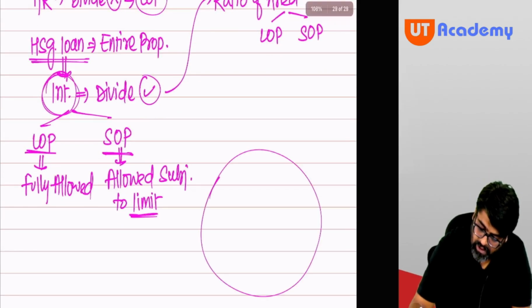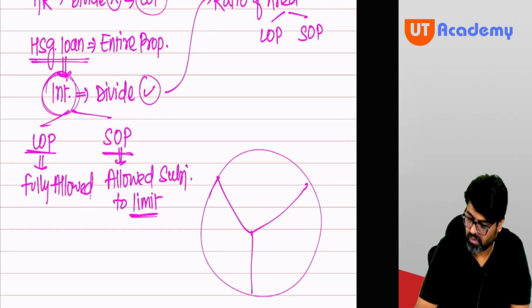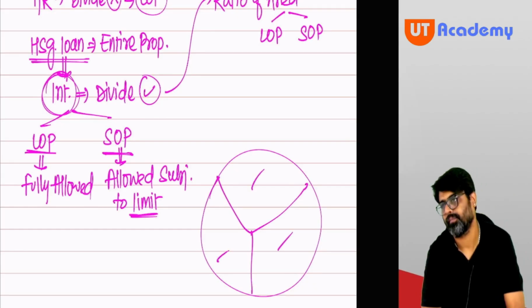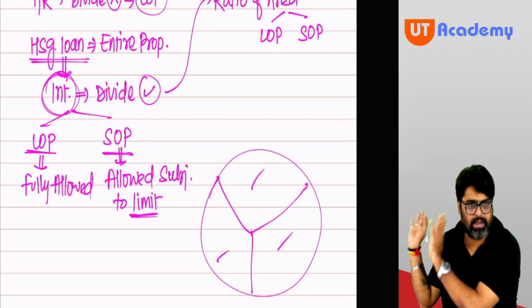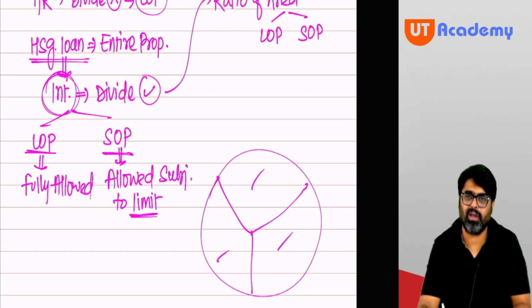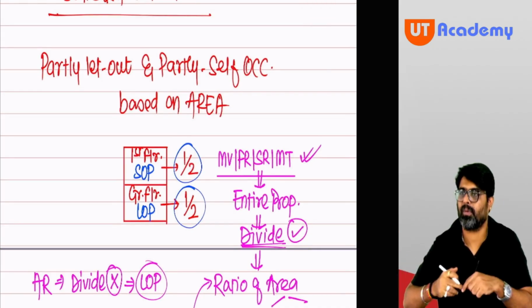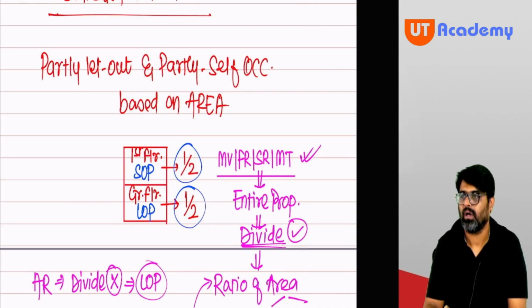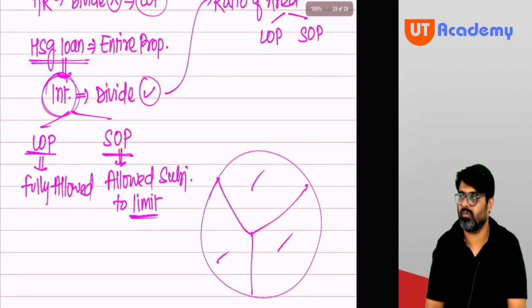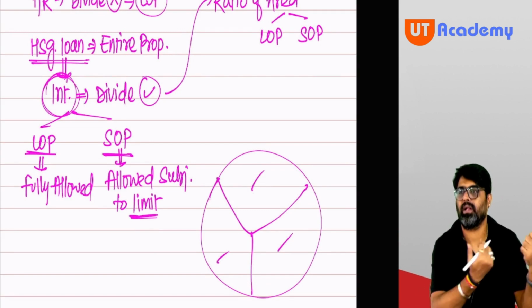Can a property have 3 rooms? 1, 2, and 3, all identical. It is not necessary that it be ground floor and first floor. I have a property having 3 rooms, all of equal size, dimension, and area.